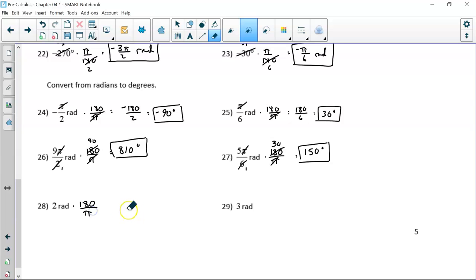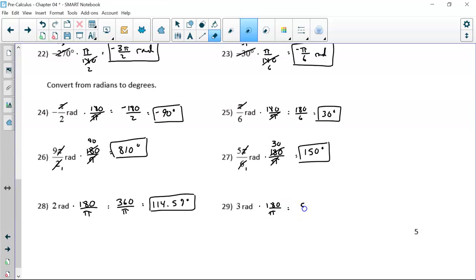2 radians, so we're going to multiply by 180 over pi. So that's going to give us 360 divided by pi. And when we do that, we're going to get about 114.59 degrees. Remember, pi is a value about 3.14. And 3 radians, we're going to multiply by 180 over pi.